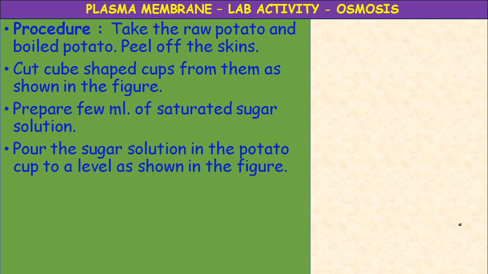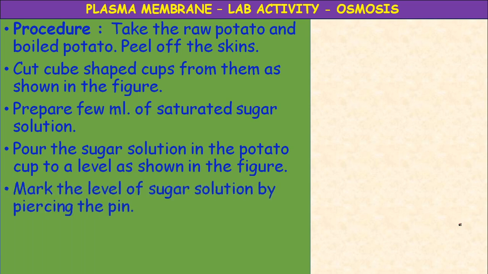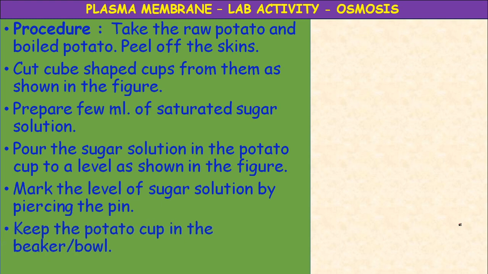Pour the sugar solution in the potato cup to a level as shown in the figure. Mark the level of sugar solution by piercing the pin. 2 pins we already kept ready. So you have to mark the level of sugar solution by piercing the pin.